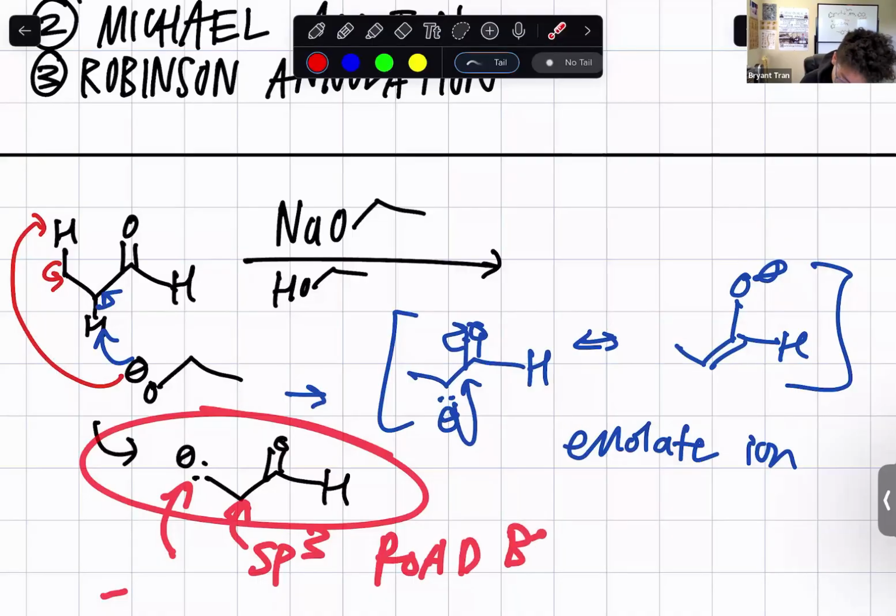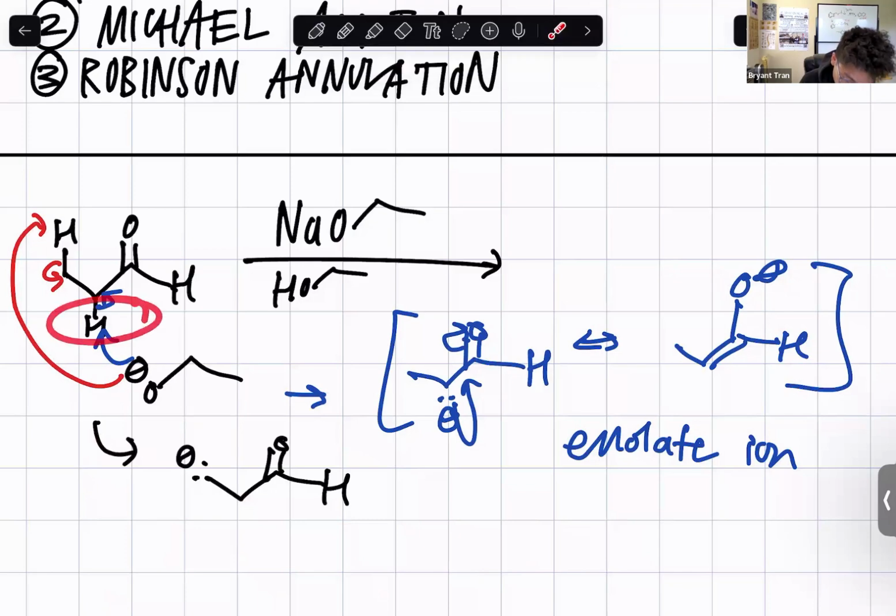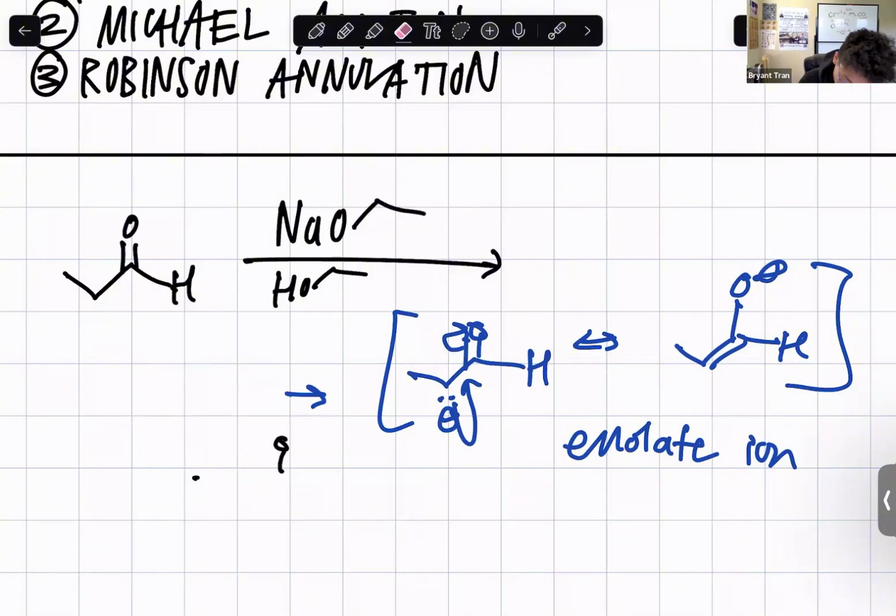Right, it's too far away from the carbonyl carbon to do resonance. So because of that, this proton here is going to be more acidic than this proton here, right? So we're going to deprotonate that alpha carbon, right, to create this enolate ion.